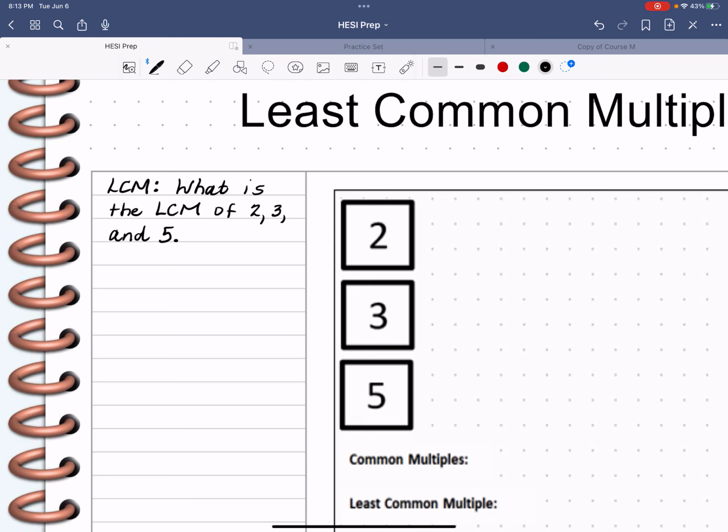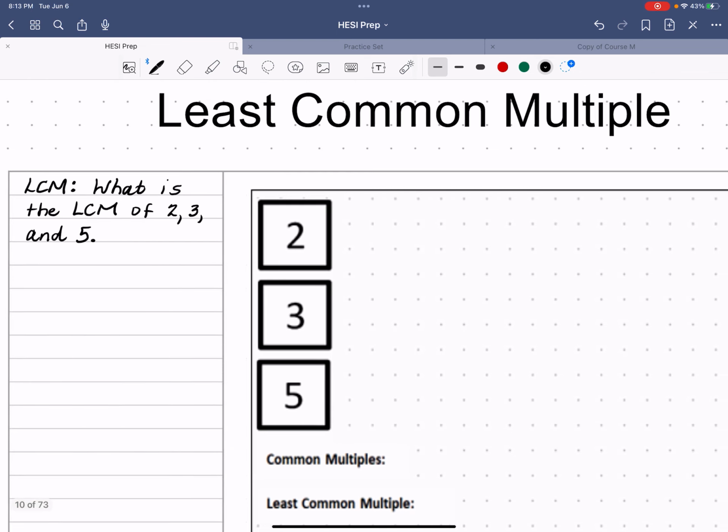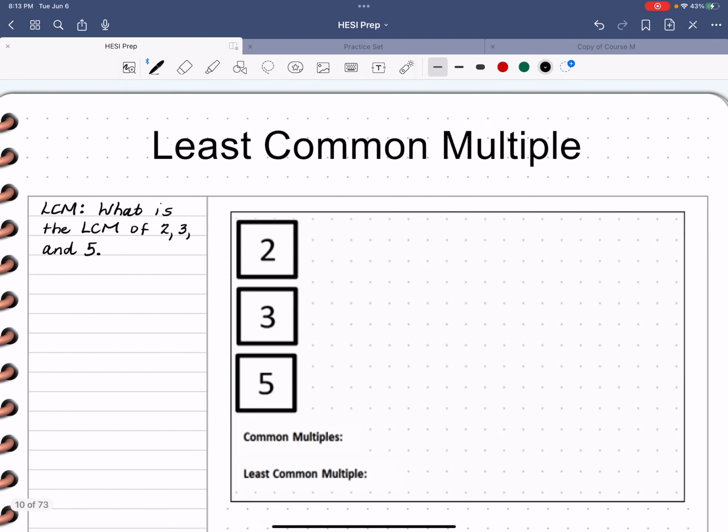That doesn't matter at all. It just happens to be that way. My tip for you is to start with your smallest number. I'll show you in a minute why that is, but that's a good habit to have. So I'm going to start with the smallest number, and that's the 2.